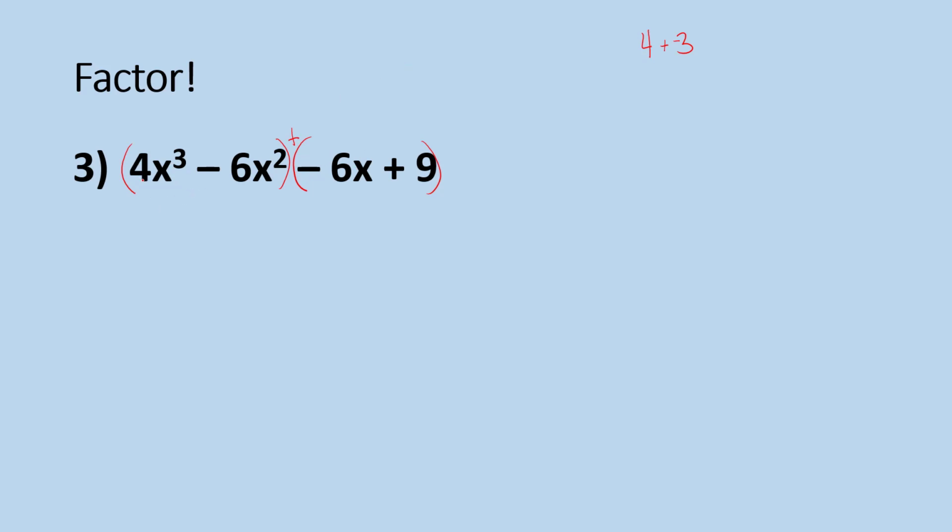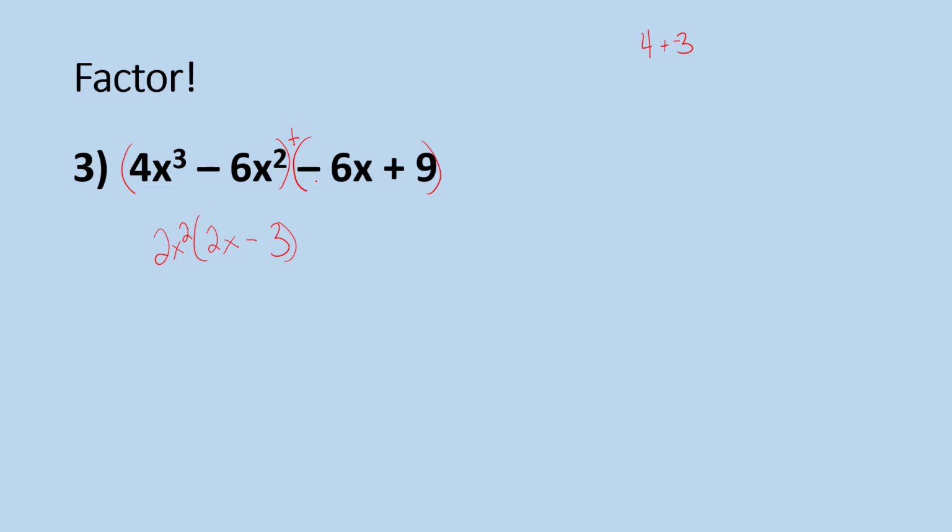And now we factor. Our common term is 2x squared. And so that will leave me with a 2x minus, the x squareds will cancel out. 6 divided by 2 is 3. All right, let's come over to the other side. Now, one thing to pay attention to here.